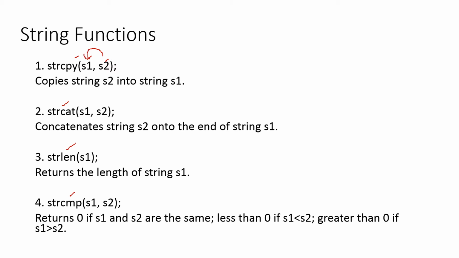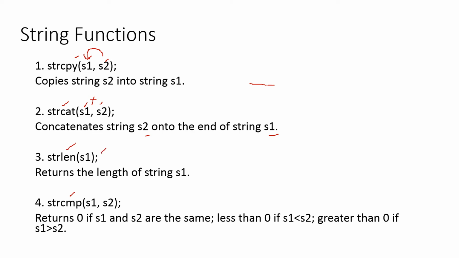Now, next is strcat, that is string concatenation. You are going to add the s1 string and s2 string and make it a single string. That is, concatenate string s2 onto the end of string s1. So after string s1, string s2 will be added. Next is string length.